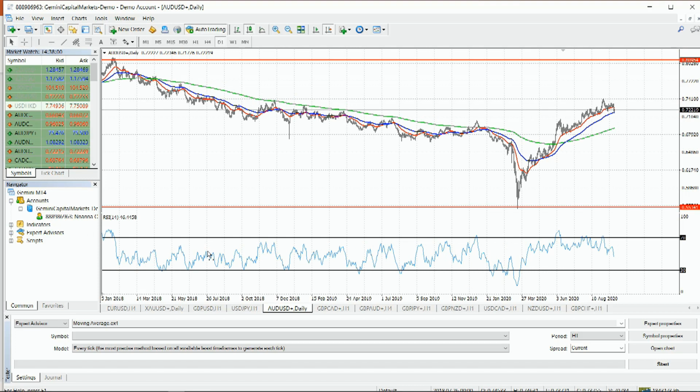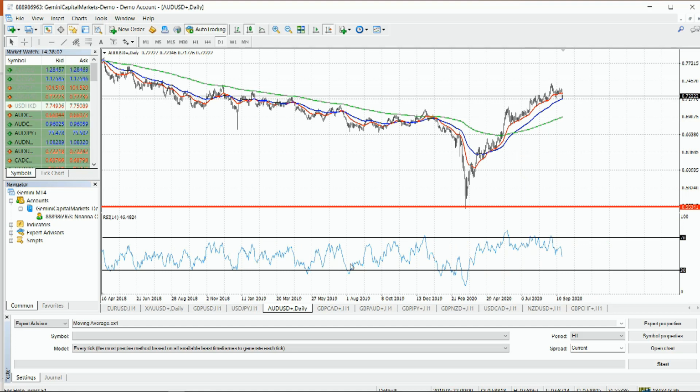What I mean by that is this: if the market is very low, close to zero, it means that the market is oversold. When the market is oversold, it tends to pull back up to equilibrium. It tends to balance out. And when the market is overbought, it tends to pull back down.